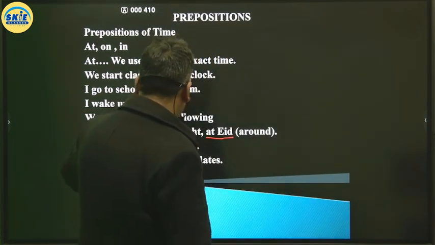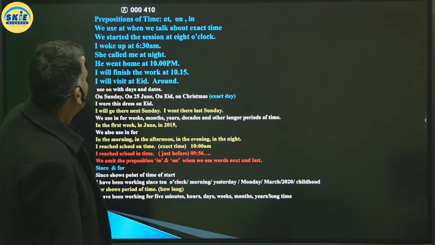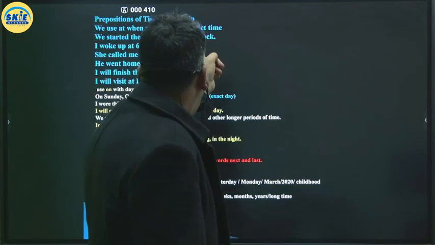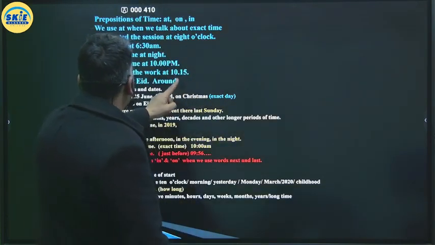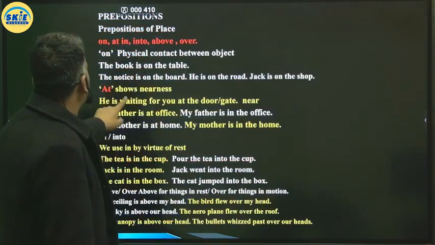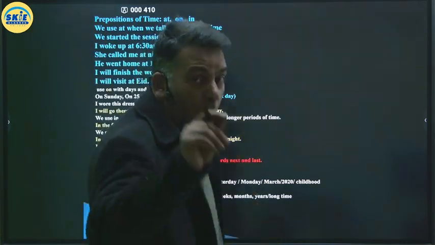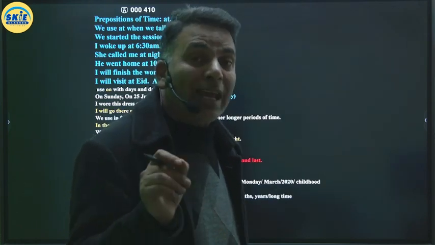And this is what we have been talking about, that we use at, on and in. At I said for exact time. On I said is used for days and dates like Sunday, 25 June. But on the day, see, I said previously, I said at Christmas or at Eid.